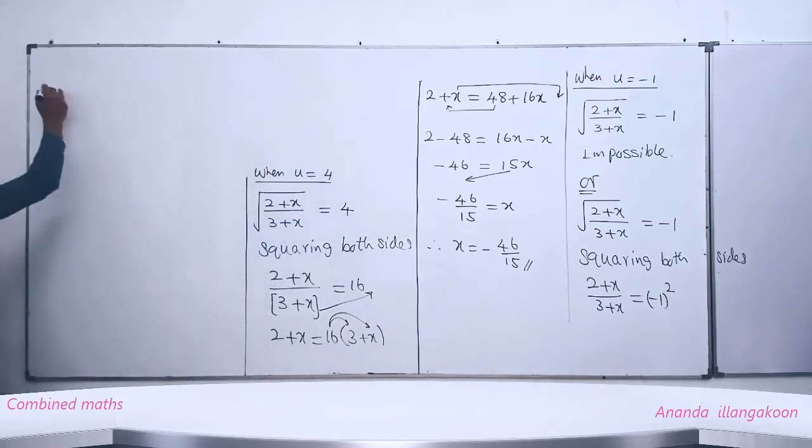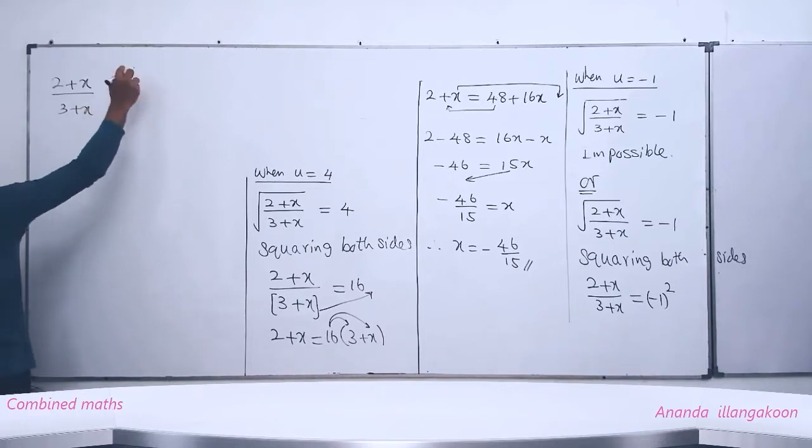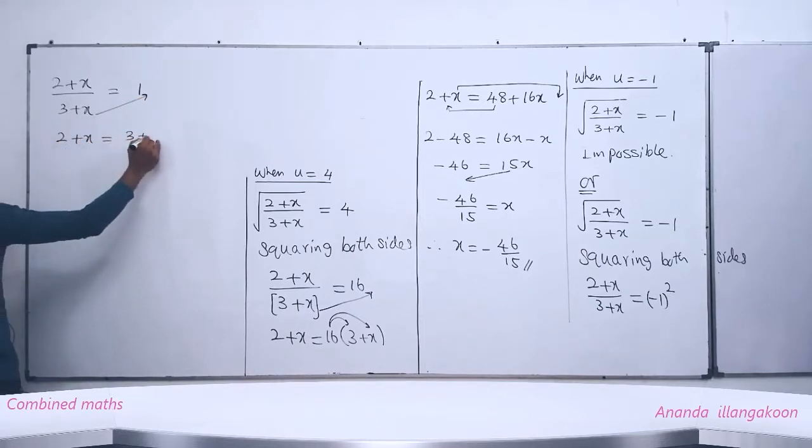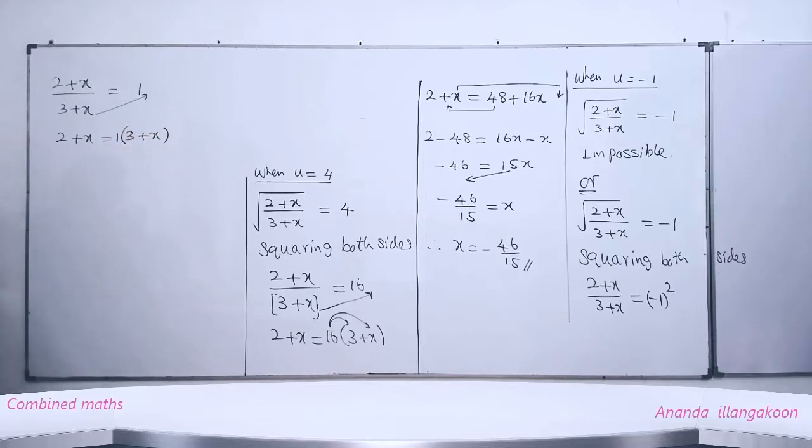And then we get 2 plus x upon 3 plus 6. Minus 1 perfectly squared is plus 1. Then use cross multiplication this way. 3 plus x into 1, then we get this.